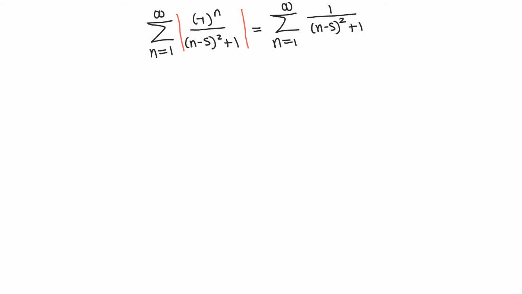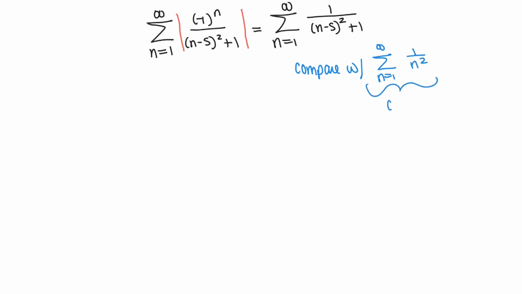So let's think about maybe a comparison that I can do. I'm thinking no direct comparisons. I don't want to mess with that. So let's do a limit comparison test, and let's compare with the sum from n equals 1 to infinity of 1 over n squared.